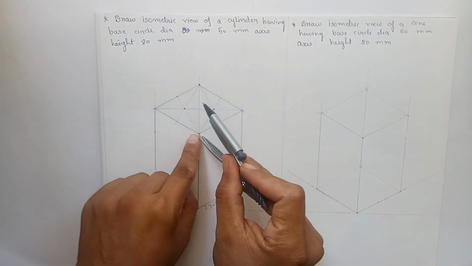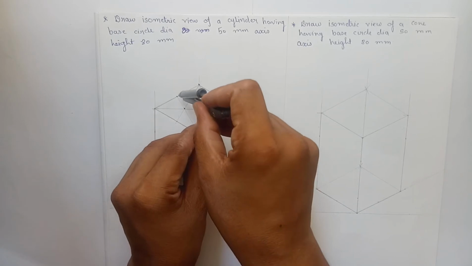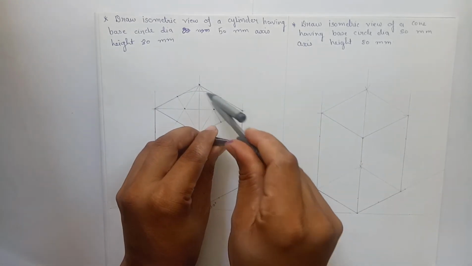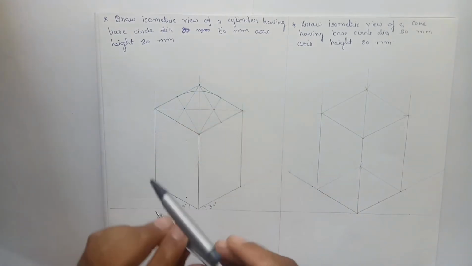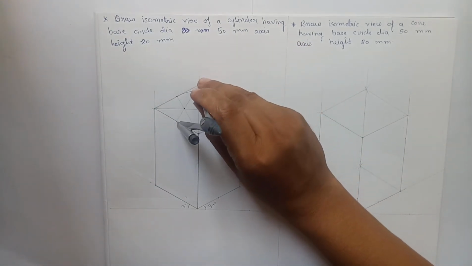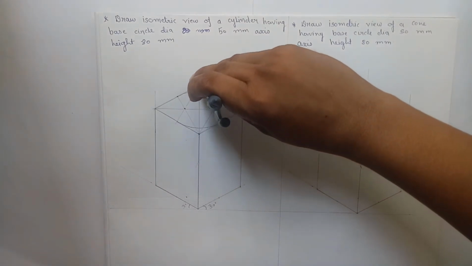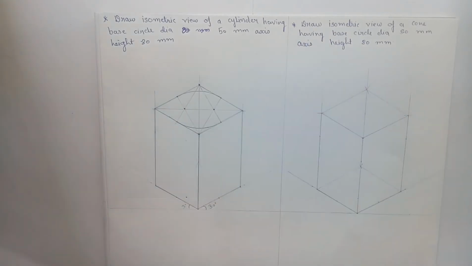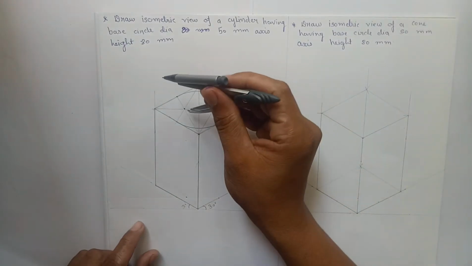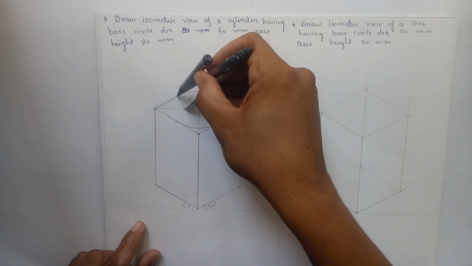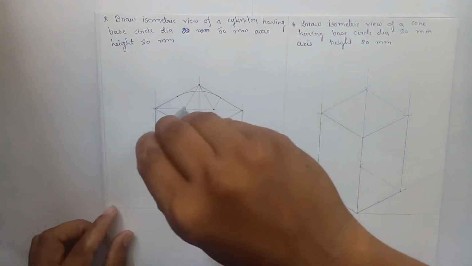Now follow the particular method that we have followed to draw the isometric view of the circles. Put your round over here, measure the midpoint, give an arc. Now put your round over here on the shorter diagonal, measure the midpoint, give an arc. Now second, put your round over here, measure the midpoint, give an arc.